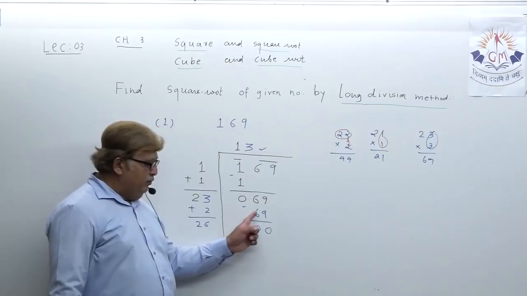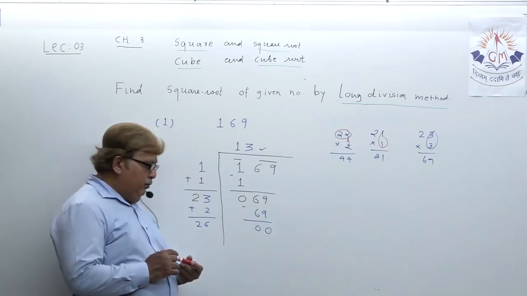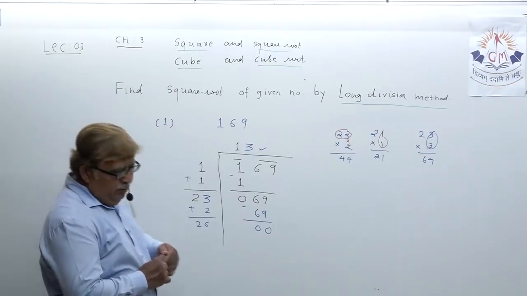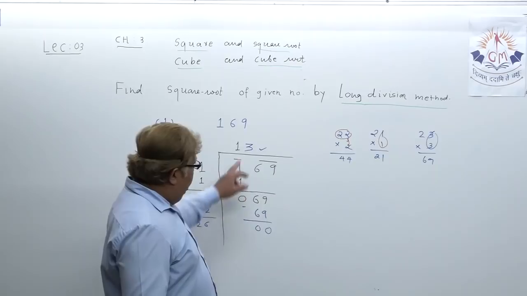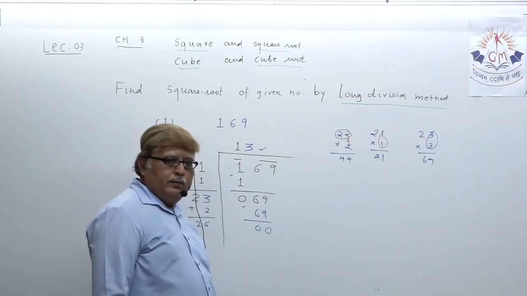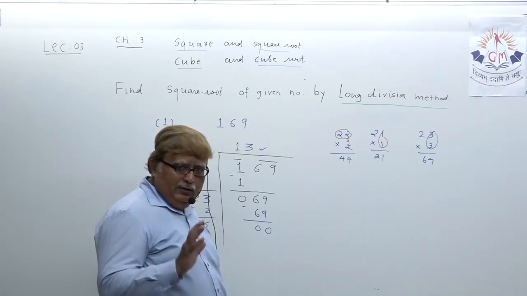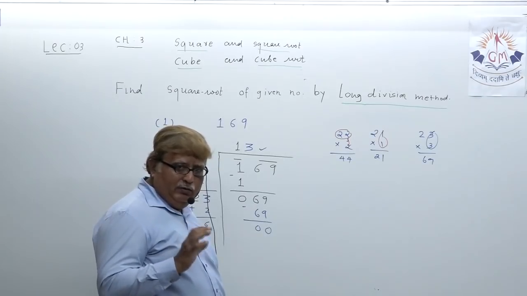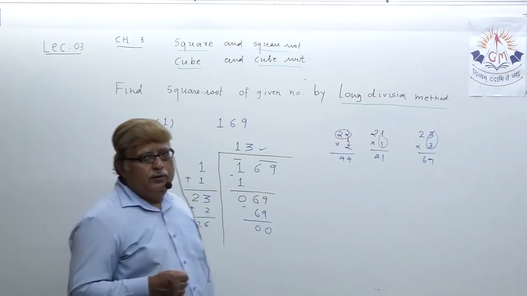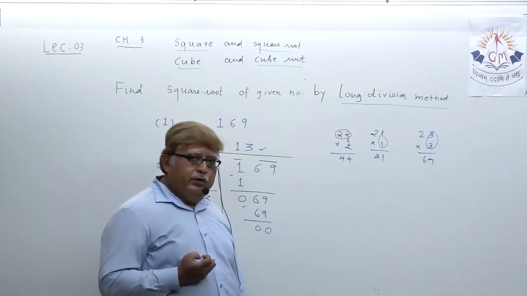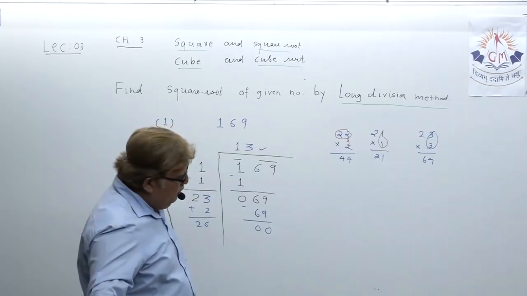Your target is to bring this number, which is 69. So you got the square root of 169 as 13. But you understood? Are you able to clear? बात समझ में आती है आपको? Understood? This is the way you can perform such type of example.